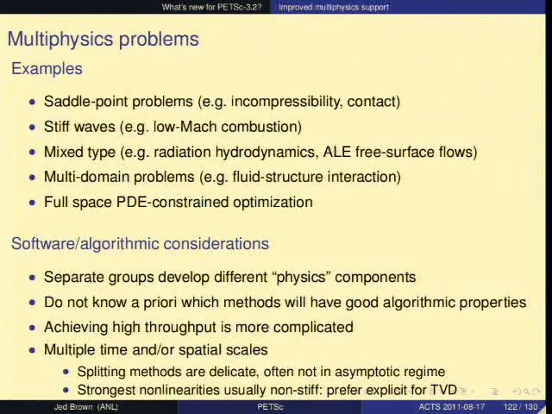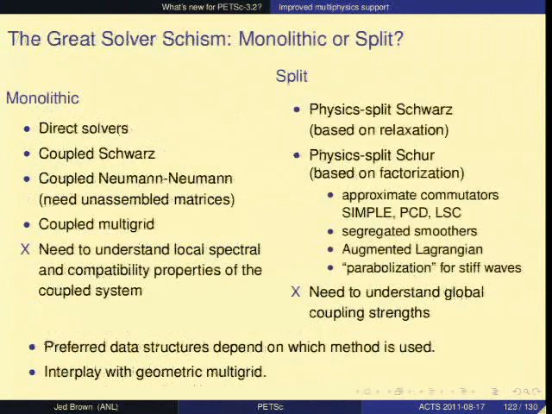So we have a much nicer interface for this now, where we maybe don't have this huge divide that there classically is between the monolithic methods, where you treat all the physics bundled together, and the split methods, which are based on, say, some relaxation scheme, but where you work with the individual blocks separately and never, or only in the Krylov iteration, work with the coupled system.